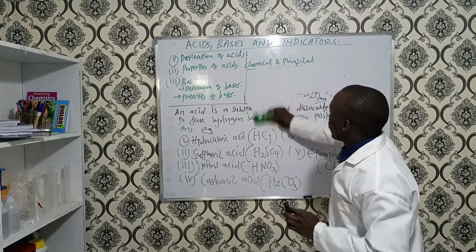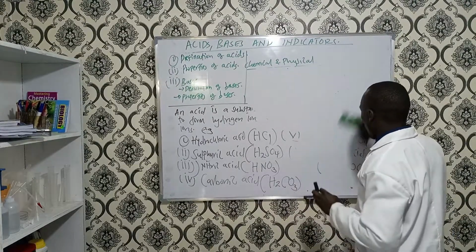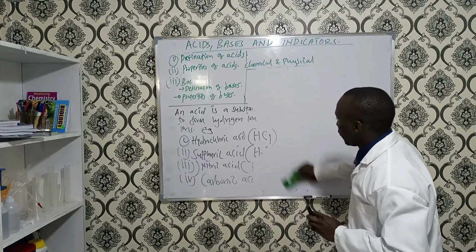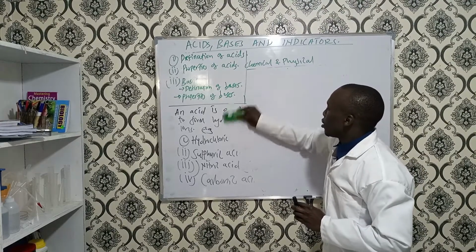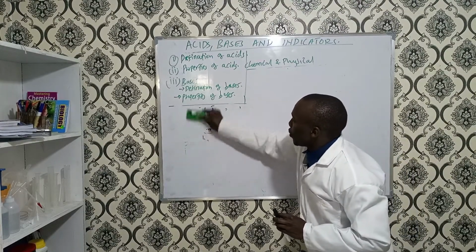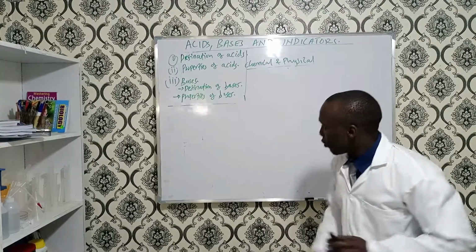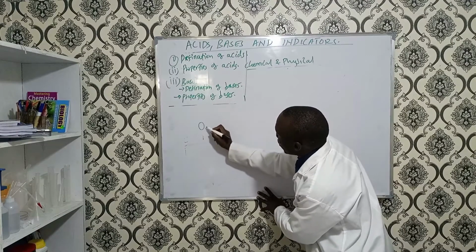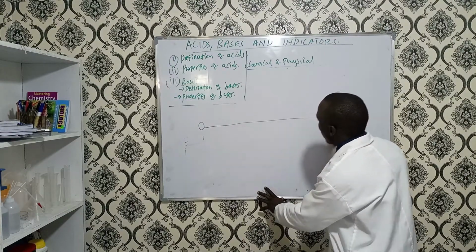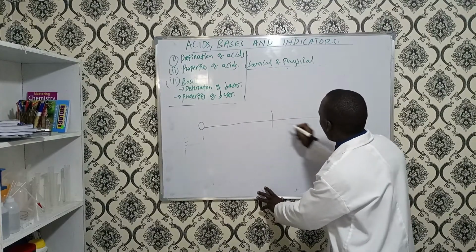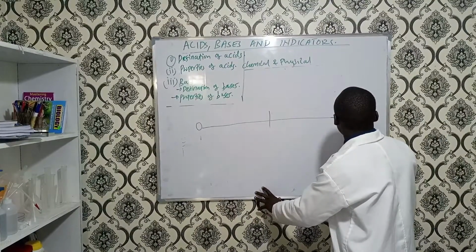So I would like to take you through the pH scale and show you the difference between strong acids and weak acids. So we know the pH scale is a range of numbers from 0 to 7, and then from 7 to 14.